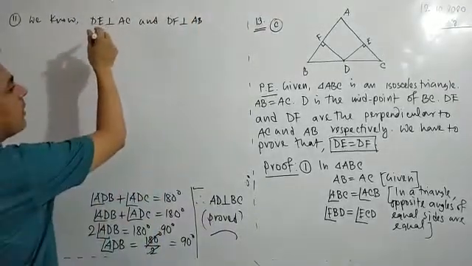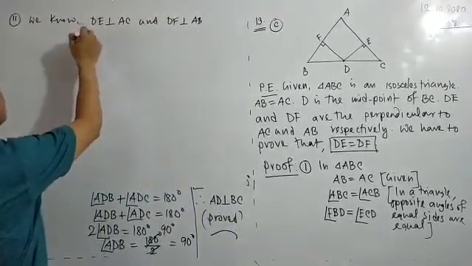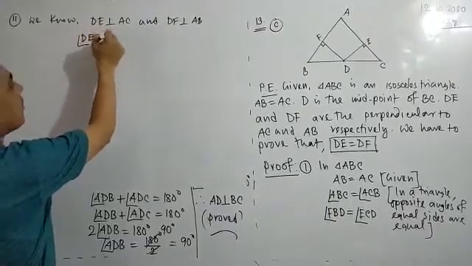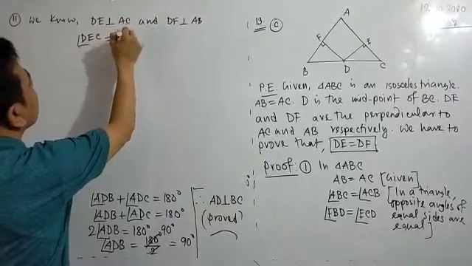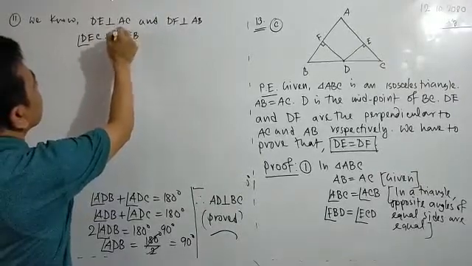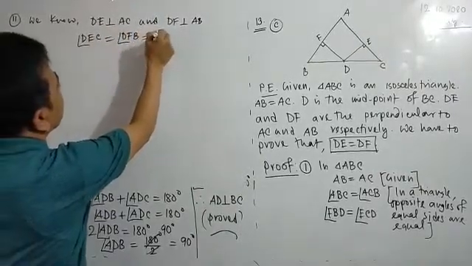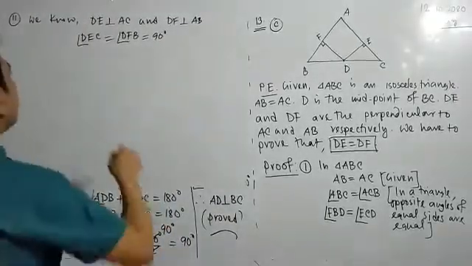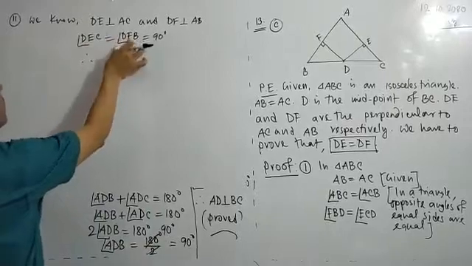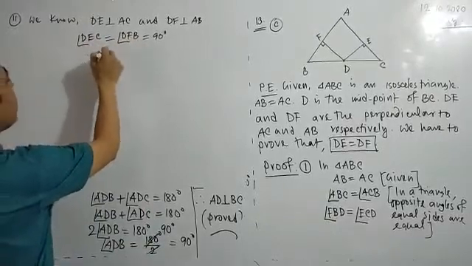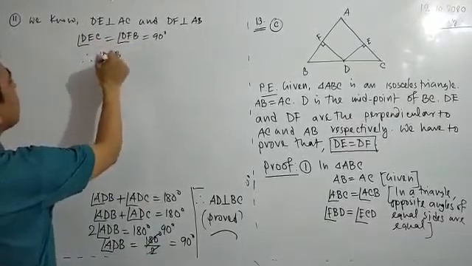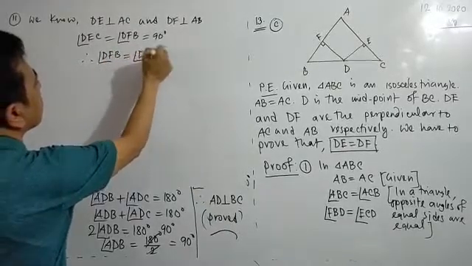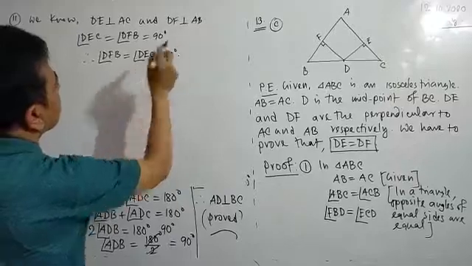So we can write angle DEC is equal to angle DFB is equal to 90 degrees. Okay, easily we can write, I am writing this angle first: angle DFB is equal to angle DEC is equal to 90 degrees.